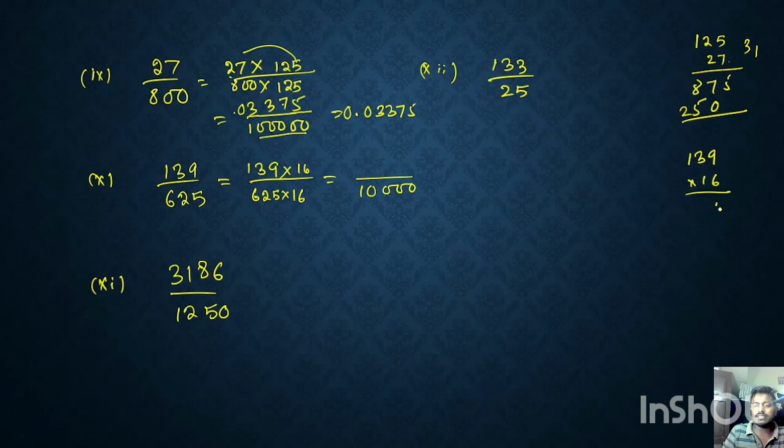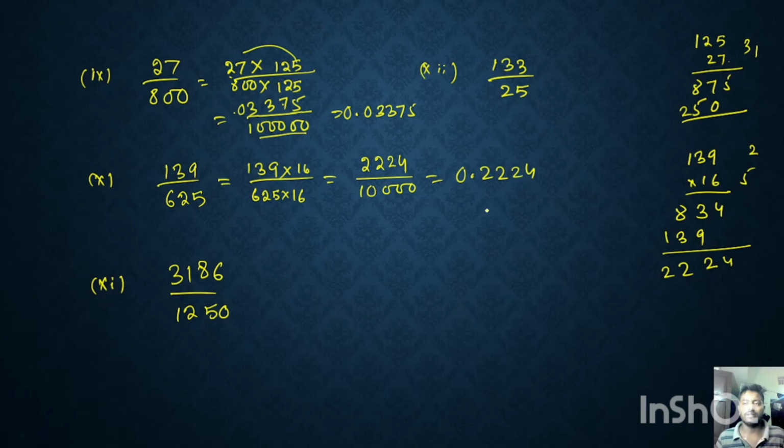So 9 6s are 54, 6 3s are 18, 5 23, carry 2 1 8, then 139. So 4 2 11 2 2. The answer is 2224. So 0.2224. Okay. Now next question.